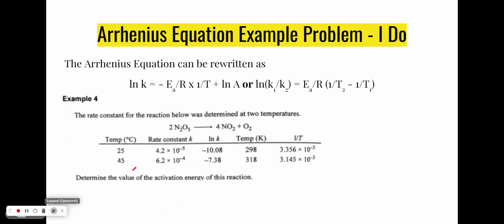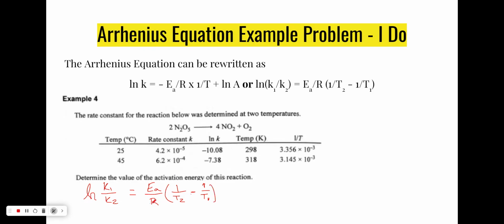Okay, so in order to do so, we're going to take the natural log of K1 divided by K2, and we're going to set it equal to the energy of activation, E-act, divided by the gas law constant R, times 1 over T2 minus 1 over T1.